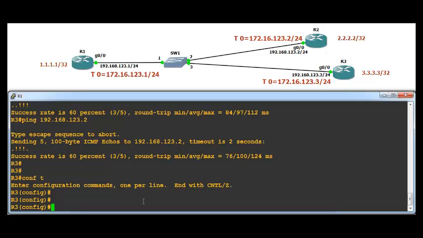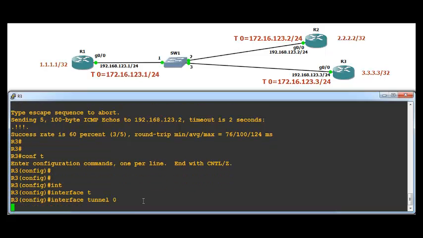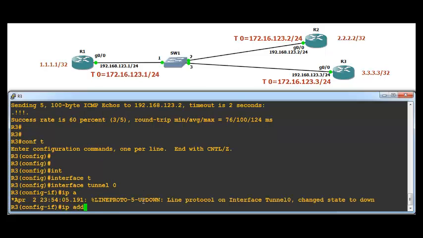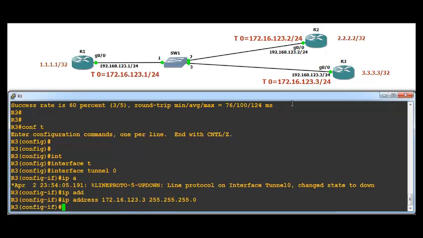Let us do it quickly, without hesitation. You're going to give me some commands and I'm going to type them. Interface tunnel 0. Tell me what I should do. What's the first command? IP address, correct? 172.16.123.3 255.255.255.0. Okay, what is next?